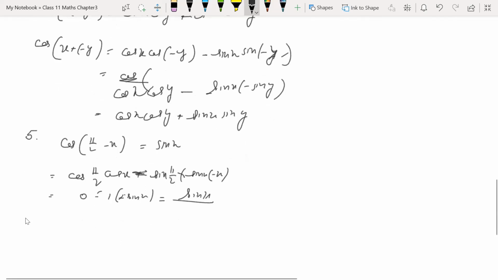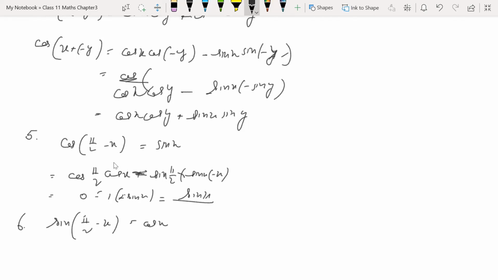So each and every identity is related to the others. If you learn 2, 3, or 4 identities, then you can easily solve the remaining identities also. Now identity 6: sin of pi by 2 minus x is equal to cos x.